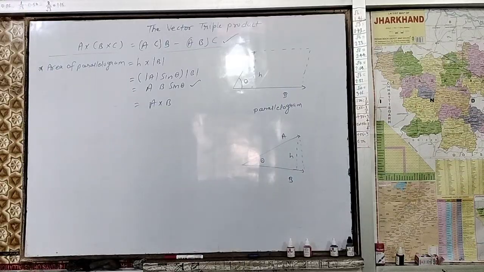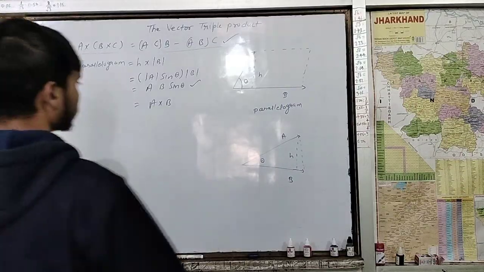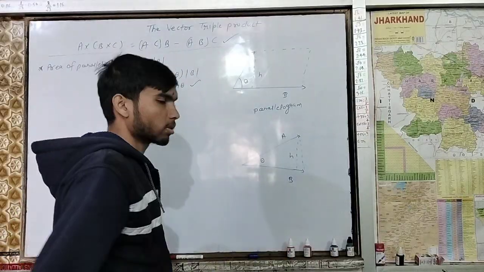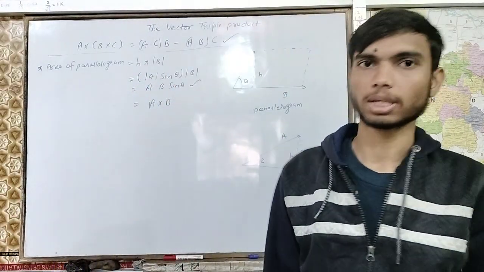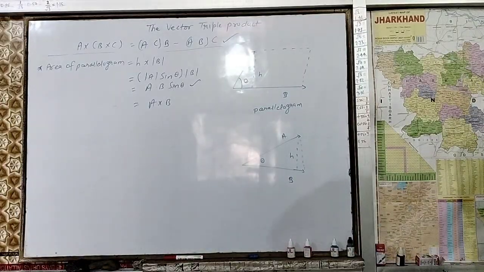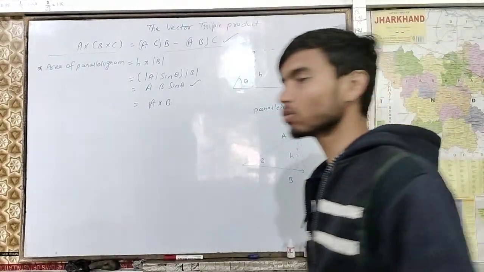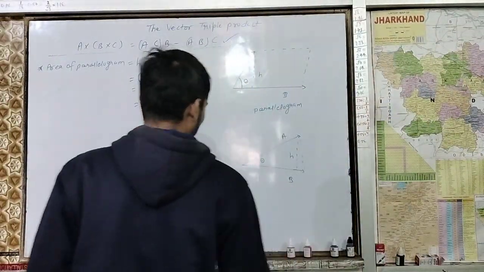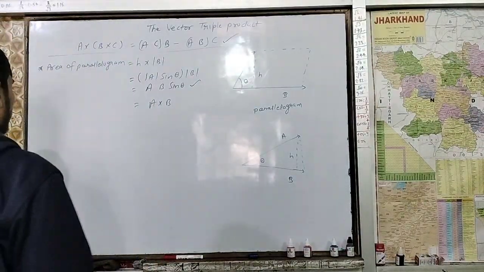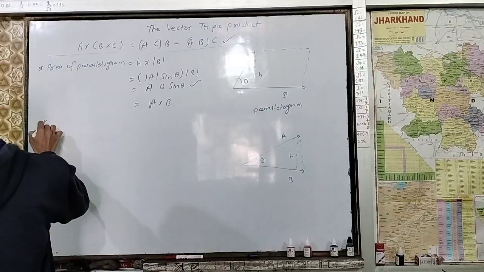Now the area of a triangle. We have H and this is the base. Try to understand. We don't have an exact value of the vertical, so again we will break this into one component.